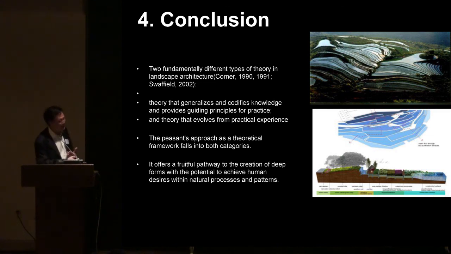Now, the peasant's model falls in both categories. The peasant's model, I would say, offers a fruitful pathway to the creation of deep forms with potential to achieve human desires within natural processes and patterns. Now that's the key.